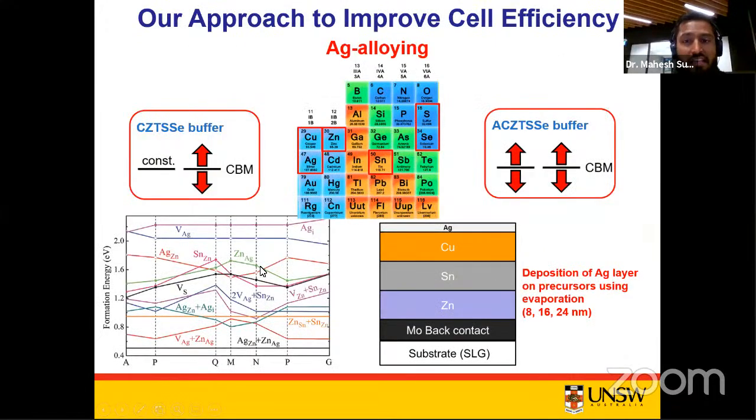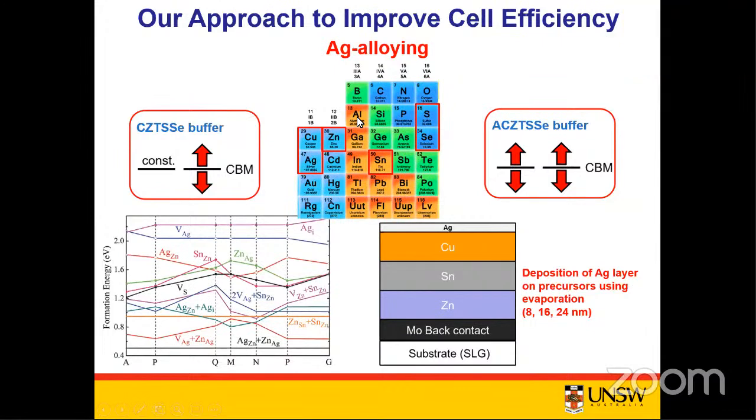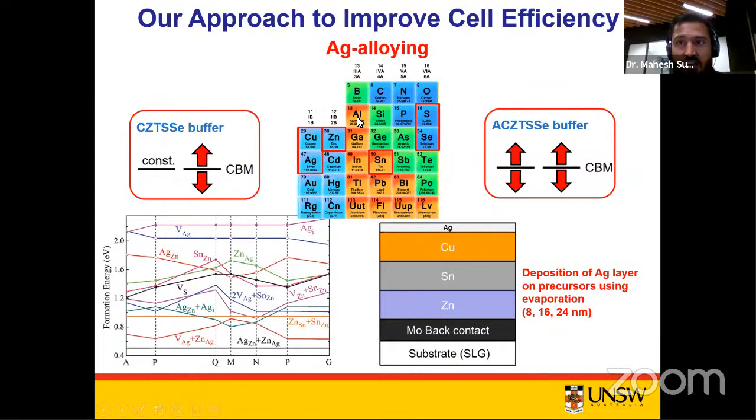As I mentioned earlier in my previous slides, the device efficiency of this CZT-SSC thin film solar cell has been stagnant at 12.6% since 2015. A major reason behind this stagnant efficiency is a large VOC deficit characteristic.